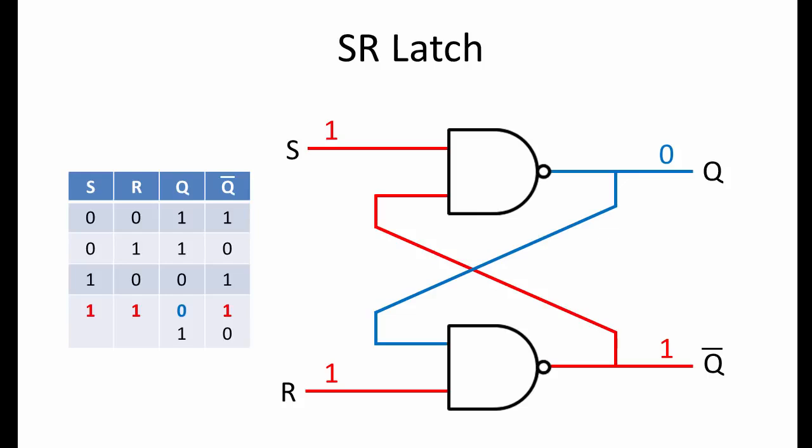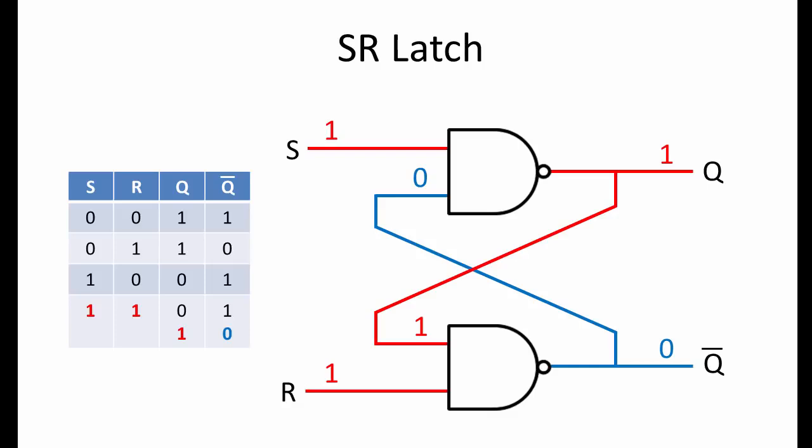Here we can see that output Q is 0, so the latch is storing a 0. When input S is made low momentarily, that is when S becomes 0 and R is still 1, the output at Q becomes 1. The latch is now storing a 1, and S can be returned to its normal high state.